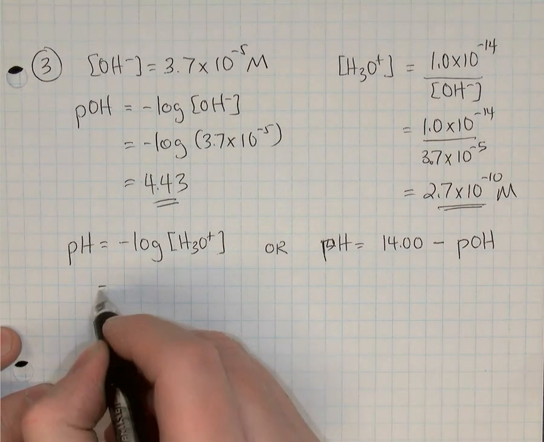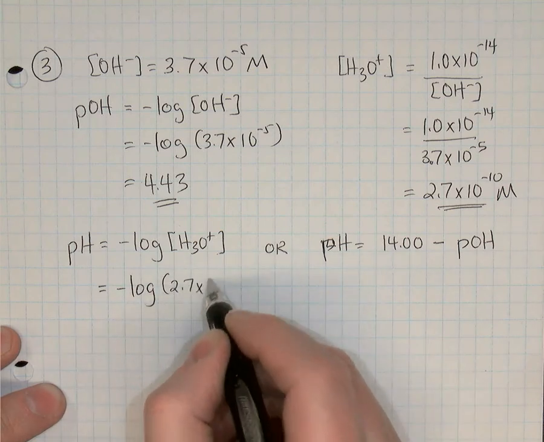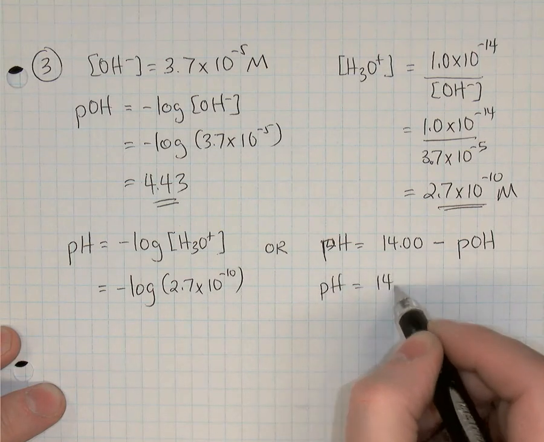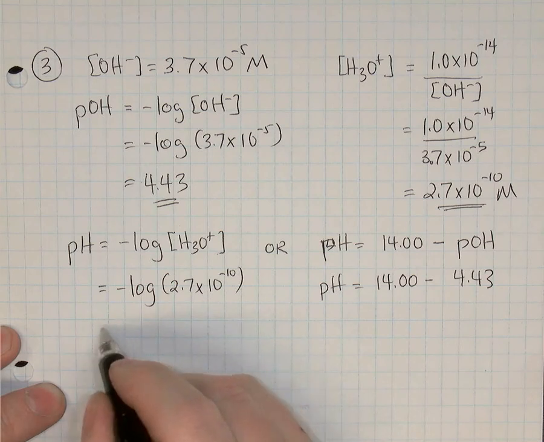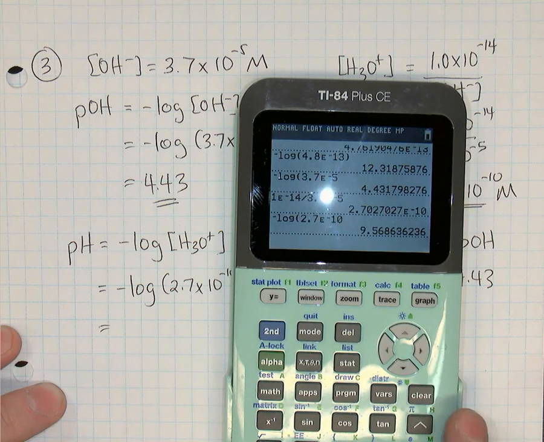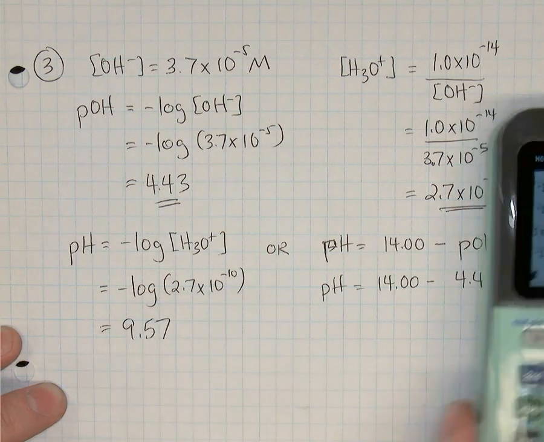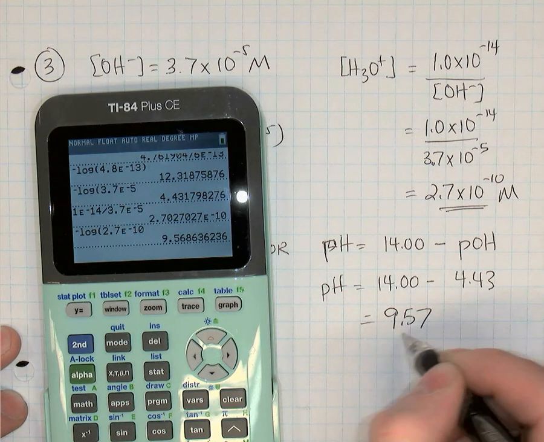So using the first method, the negative logarithm of the hydronium, which was 2.7 times 10 to the negative 10, or we could say that pH is 14, take away 4.43. Grabbing the calculator, we should get the same answer, either method. The negative logarithm of 2.7 times 10 to the negative 10 gives me 9.57. And then 14 take away 4.43 is 9.57.